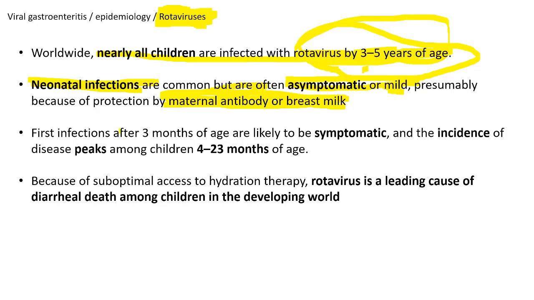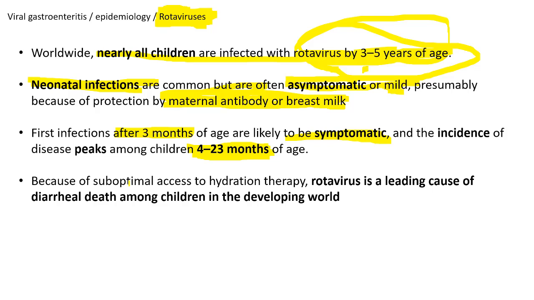But later on, after 3 months of age, when those antibodies given by the mother start to disappear, then those infections are likely to be symptomatic. They will cause symptoms of diarrhea, vomiting, and so on. And the incidence peaks at around 4 months to 2 years, before the immunity develops properly.